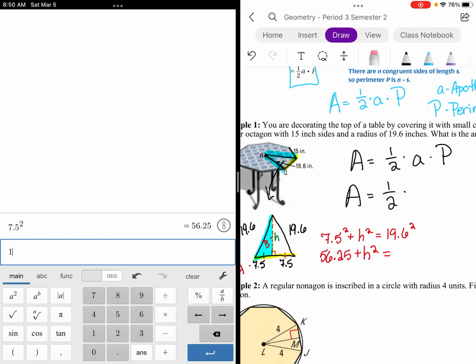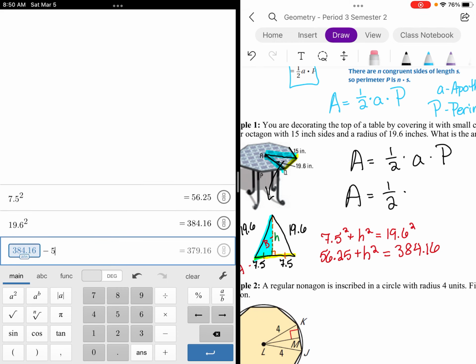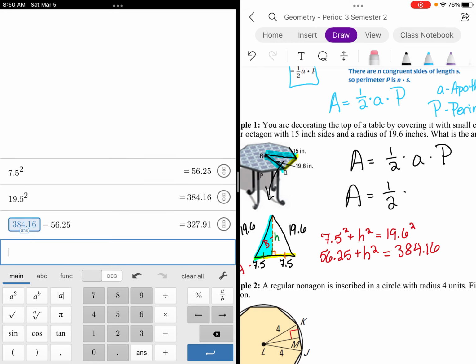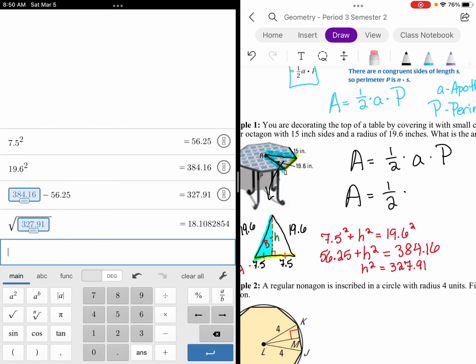And 19.6 squared equals 384.16. And then we'll subtract that 56.25 on both sides. And that will leave us with h squared equals 327.91. And then we need to take the square root of that.